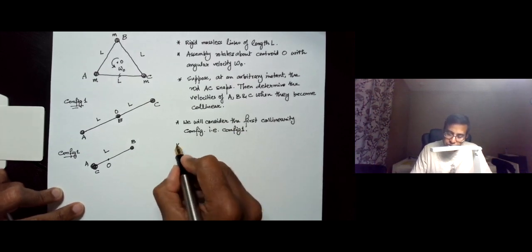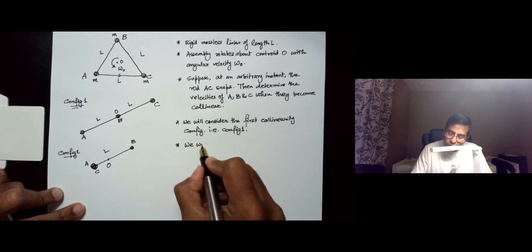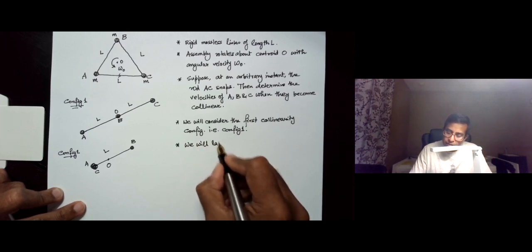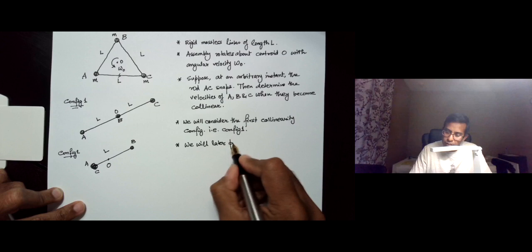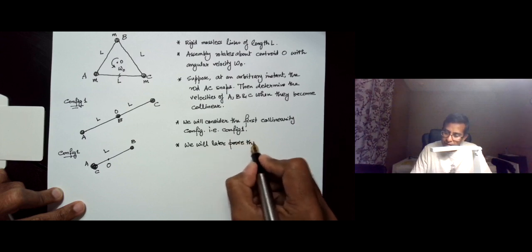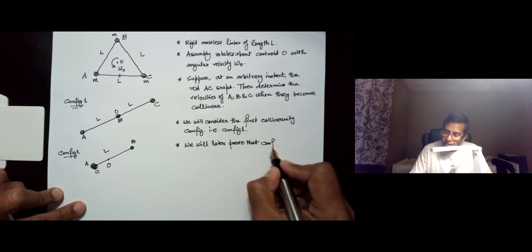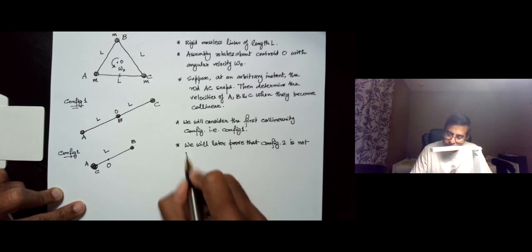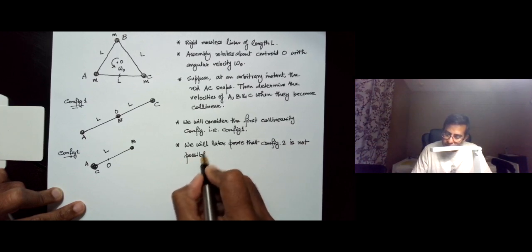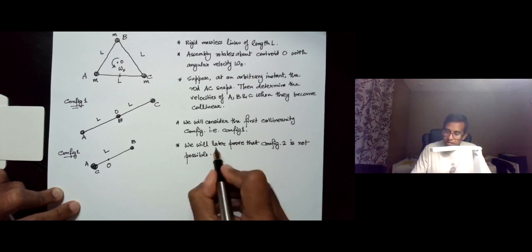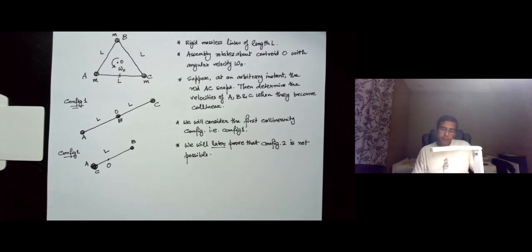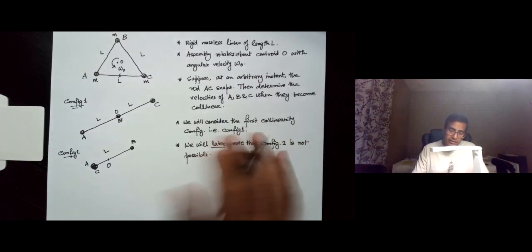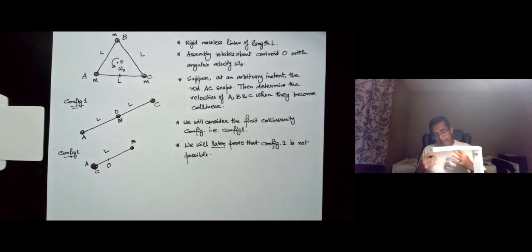And in fact we can show, and we will prove it later, that config 2 is not possible. Okay, but we'll do this proof later. So first we will consider the collinearity given by config 1 and carry out our analysis accordingly.